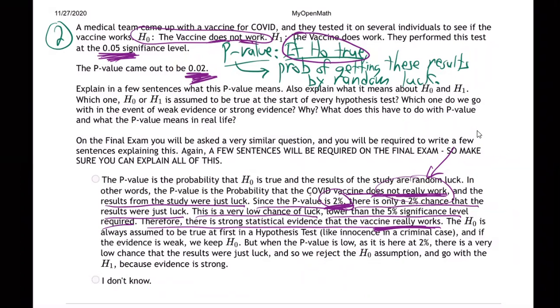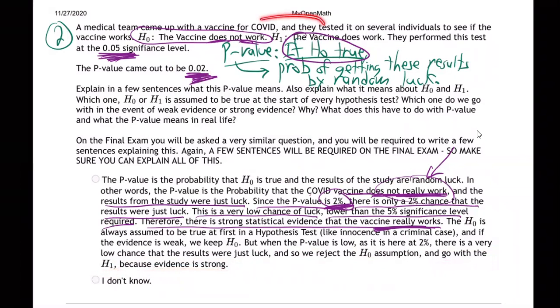But if the chance of luck is super low because you have strong evidence, then when the p-value is low, as it is here at 2%, there is very low chance that the results were just luck. And so we reject the null, the assumption, and we go with H1 because the evidence is strong.